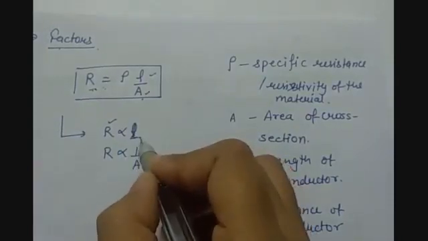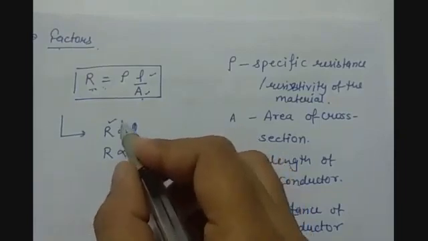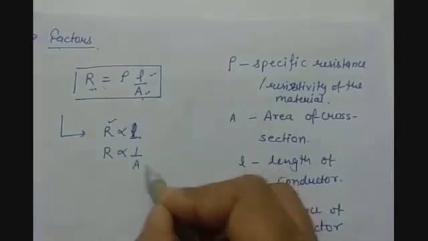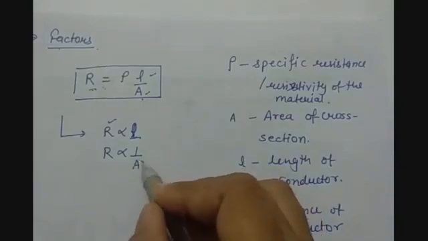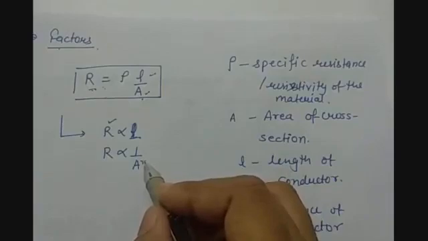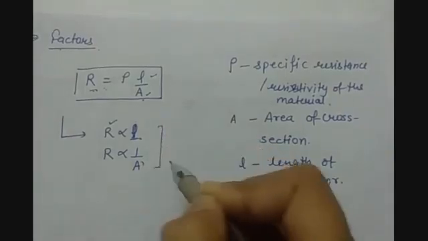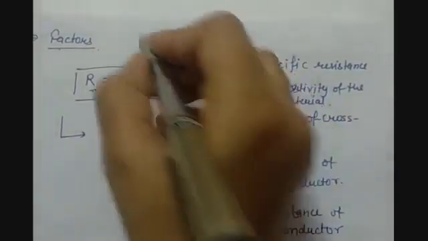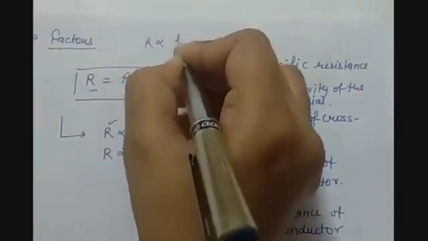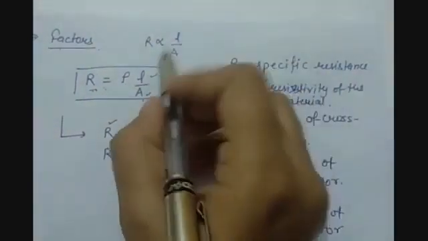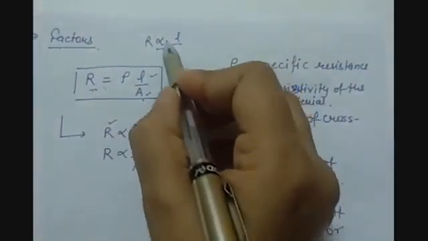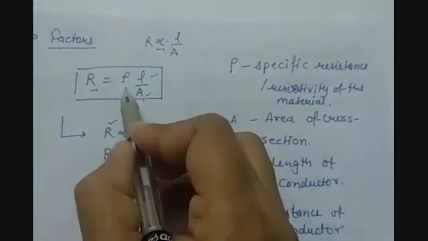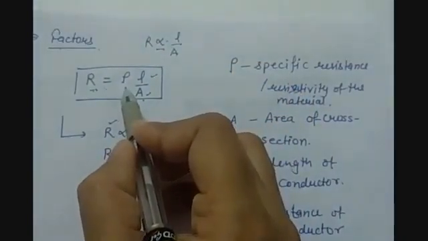That means if length is more, the resistance will be more, and inversely proportional to the area of cross section of the conductor. That means the thicker the wire, the lower will be the resistance. So when we combine these two equations, we get R is directly proportional to L by A. And when we remove this proportionality, we put a constant rho here, and this rho is called resistivity.